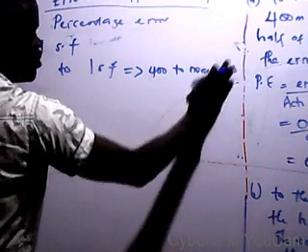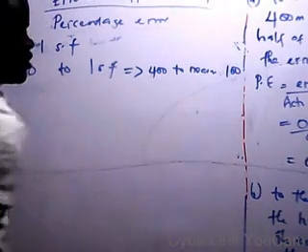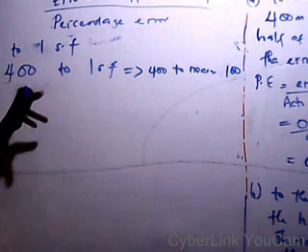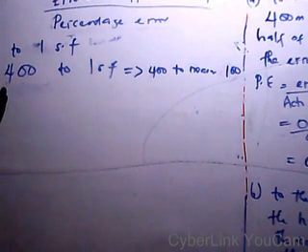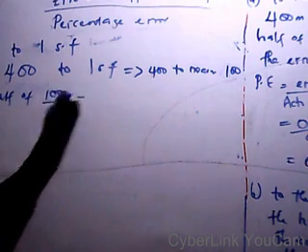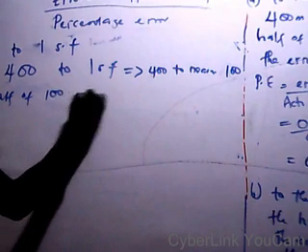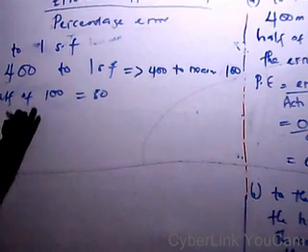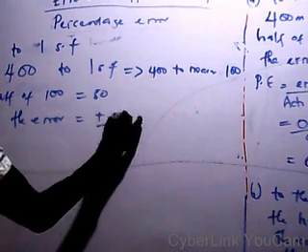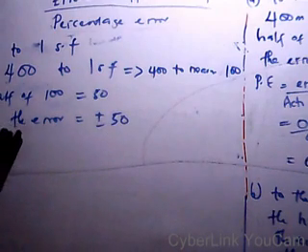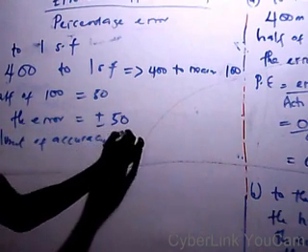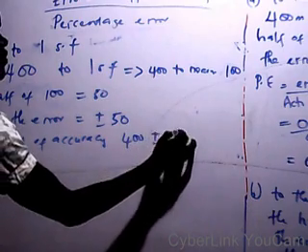There is no difference between the two, because the one significant figure falls on the nearest 100. So half of 100 is 50, right? So the error of measurement is plus or minus 50. The limit of accuracy is 400 plus or minus 50.